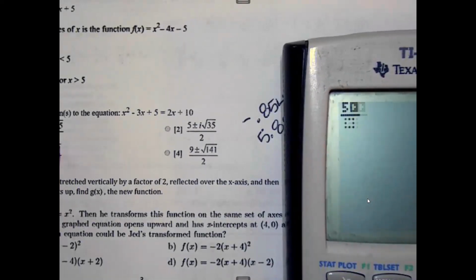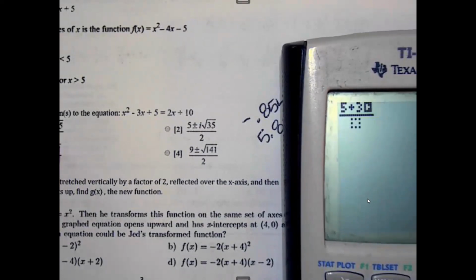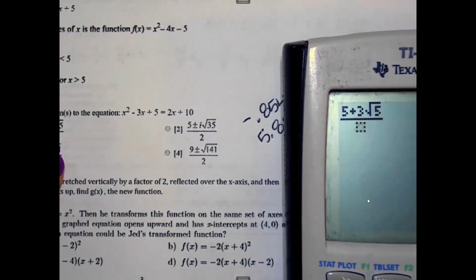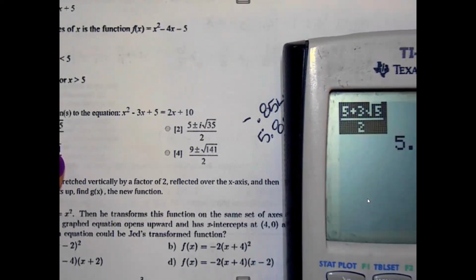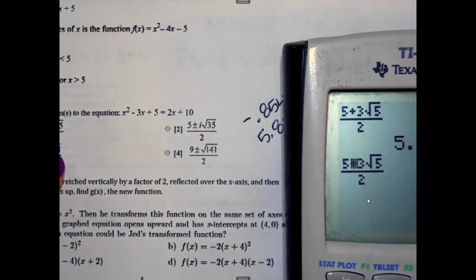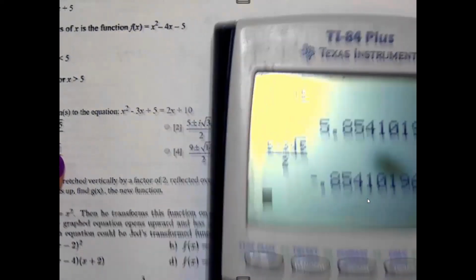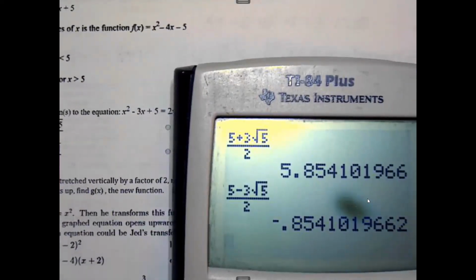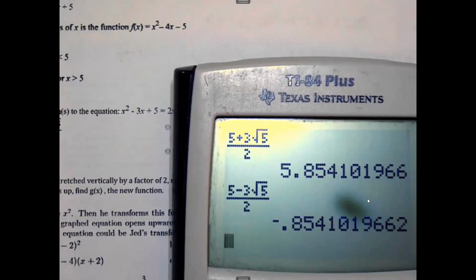So 5 plus 3 square root 5 over 2. Oh, it looks like it's the first one. Yep, looks like it's the first one. Does that make sense? Okay.